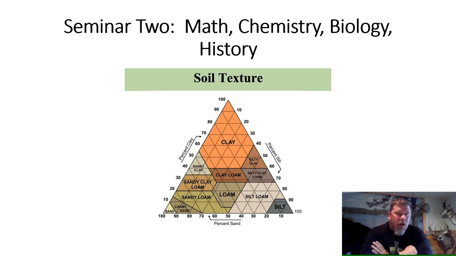Whether we're talking about the carbon to nitrogen ratio or the fungal biomass to bacterial biomass ratio, what we're going to see as we continue on with these seminars and dive into the soil food web or into successional growth is those ratios are really what drives the quality of the soil, the ability for that soil to grow different things, and the nutrient content of that soil. So when we think of soil and we think of math, we just need to remember ratios.